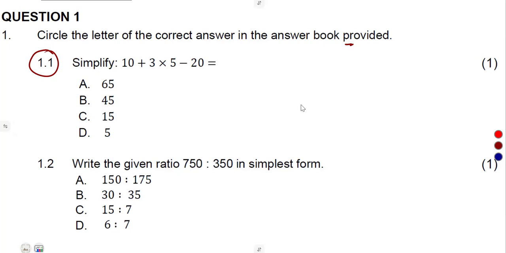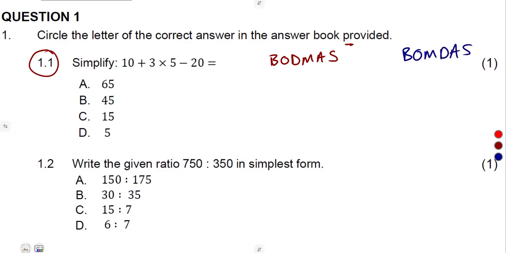Considering the BODMAS, because here we've got addition, multiplication, subtraction. Remember, when such happens, we can use the BODMAS, which gives us the order on how to simplify or to evaluate. Some use BOMDAS.